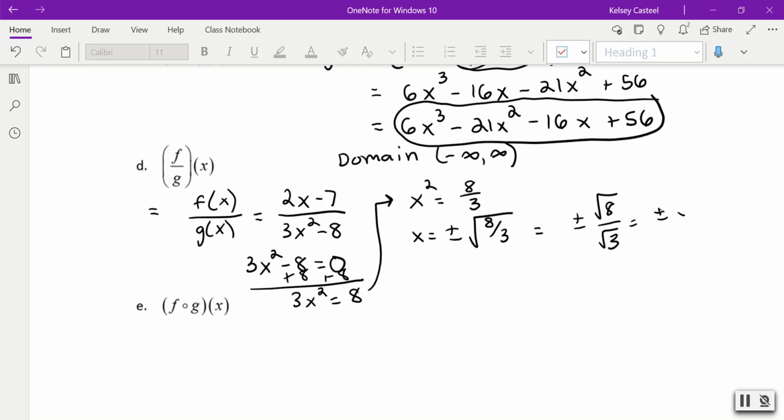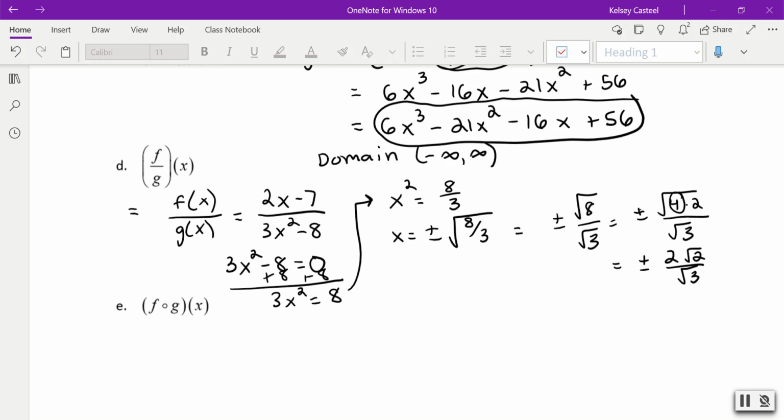So the 8 does have a factor that's a perfect square. We can view that as 4 times 2. The 3, however, there's nothing to pull out of that, so that will stay the square root of 3. So taking the square root of 4, which is 2, we have plus or minus 2 square root of 2 over the square root of 3.